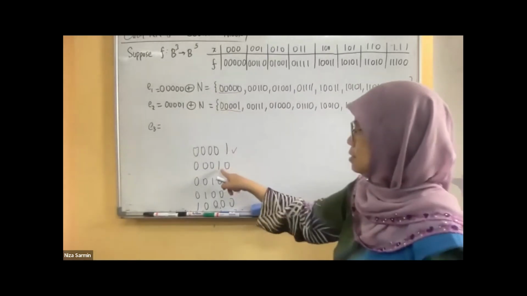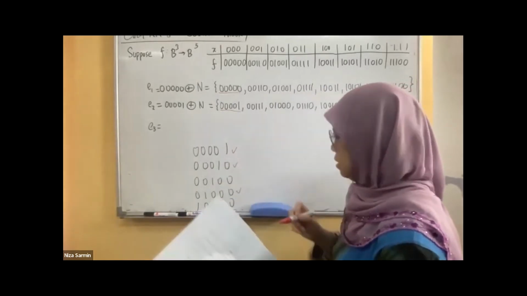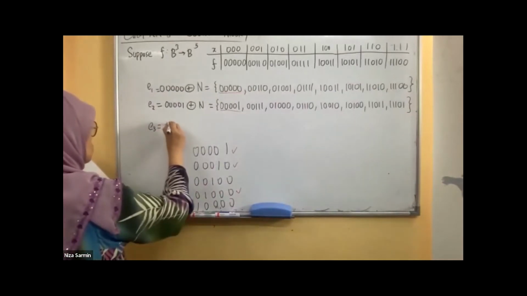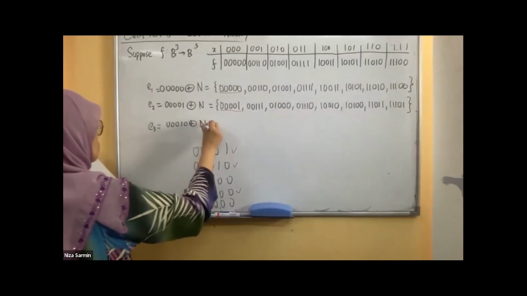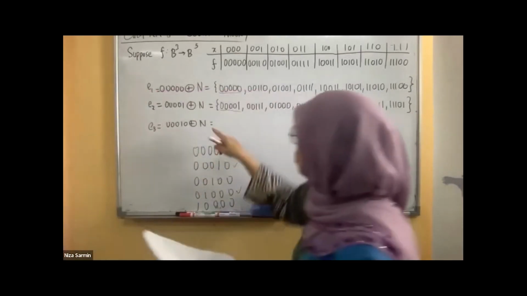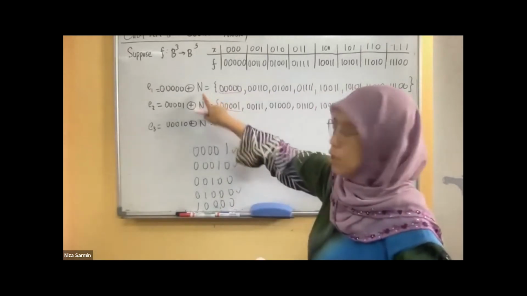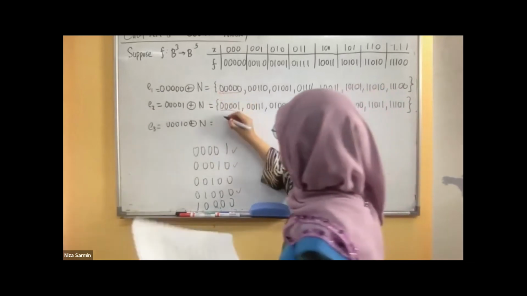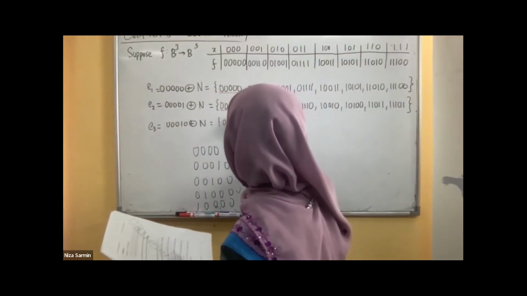So I just take the next one, yeah? Okay, so now I take this one. So this is 0, 0, 0, 1, 0 plus n. No, don't add to this one, but you need to add to the first one. Now you need to change the fourth one, yeah? The fourth one.